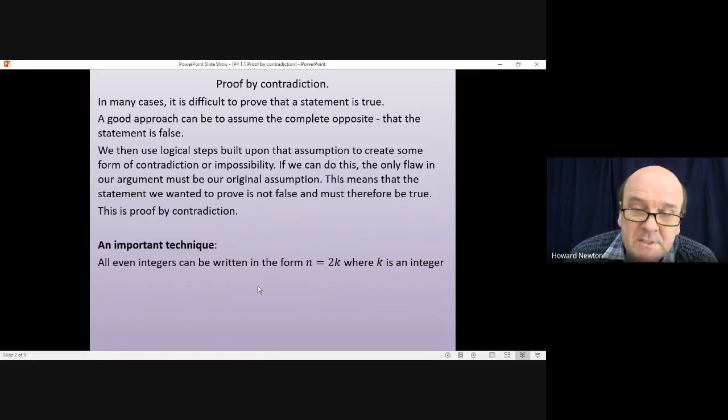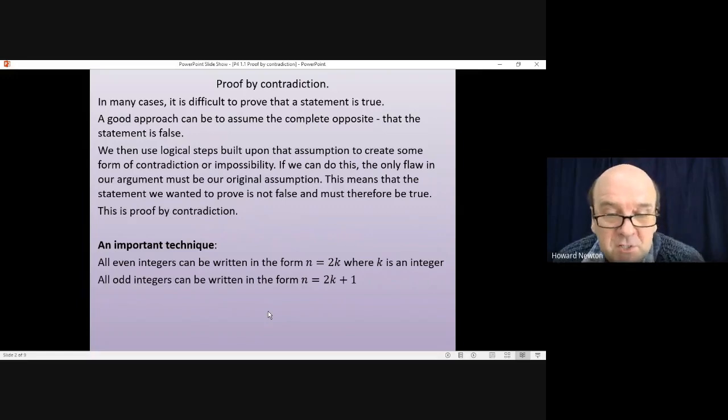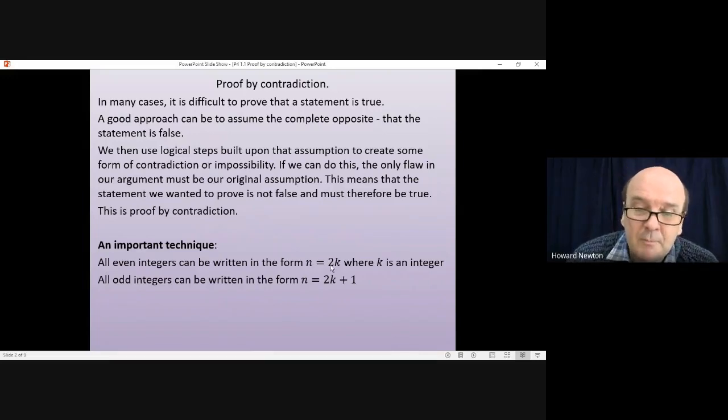And for the odd numbers, they're all one more than an even number, and that means that all odd integers can be written in the form n equals 2k plus 1, an even number plus 1. But this process of writing an even number as n equals 2k, an odd number as n equals 2k plus 1, gets used quite a lot.